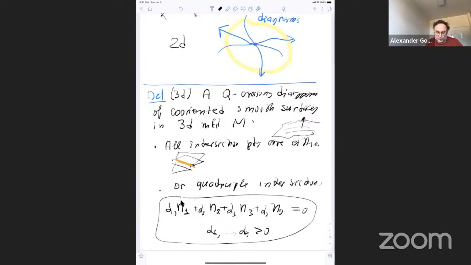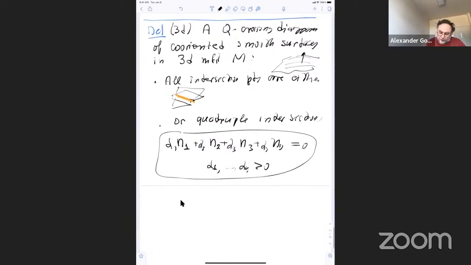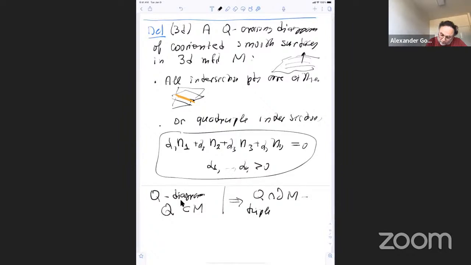Now, the key point is the following. If I have this Q diagram, let me call it Q, which sits in M, then if you go to the boundary, you have this diagram intersecting the boundary, which is, and this is an obvious exercise, a triple crossing diagram.